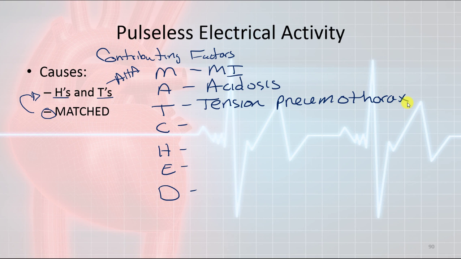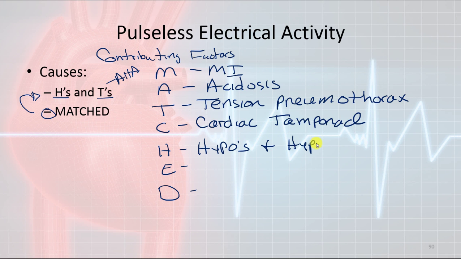That will also cause a PEA. The C, cardiac, is cardiac tamponade. The H we'll get into in just a minute. It's a little bit more complicated, but generally speaking, it's the hypos and hypers. And we'll get into that in a minute. The E is embolism, specifically pulmonary. And the D is drug overdose.